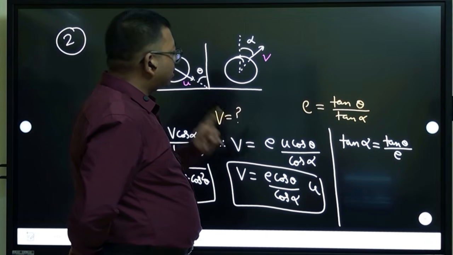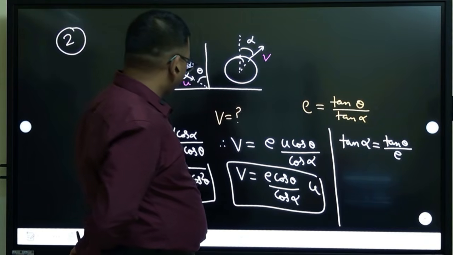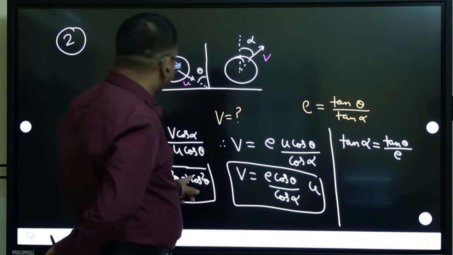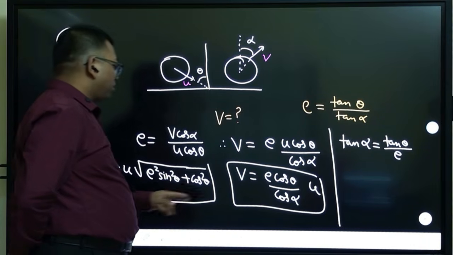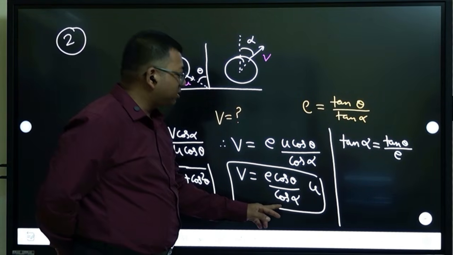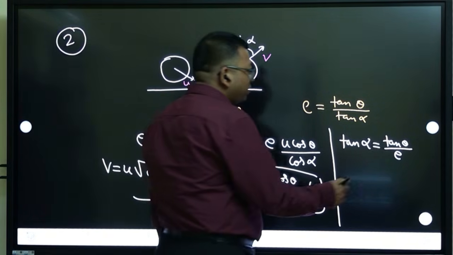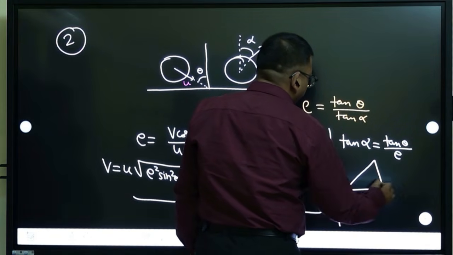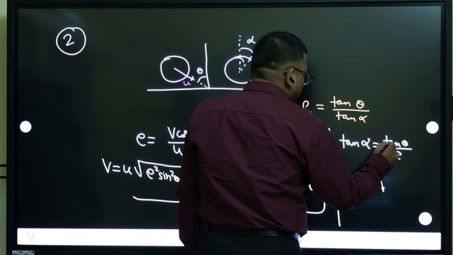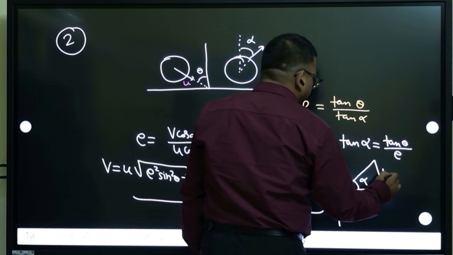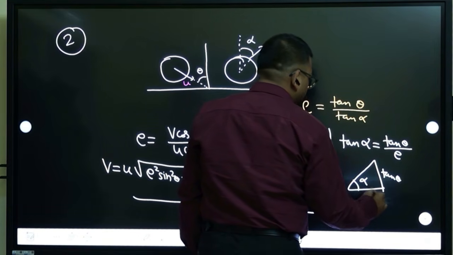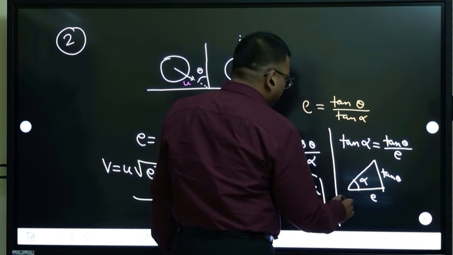I want to calculate cos alpha. I will get this, come back to this answer. Only thing is that I have to eliminate this alpha in this. Cos alpha, how? Because tan alpha I got. Let us say I draw a triangle of alpha, which is ratio of tan theta and E. So I can take this side as tan theta and this is E. So from here, what will be this?